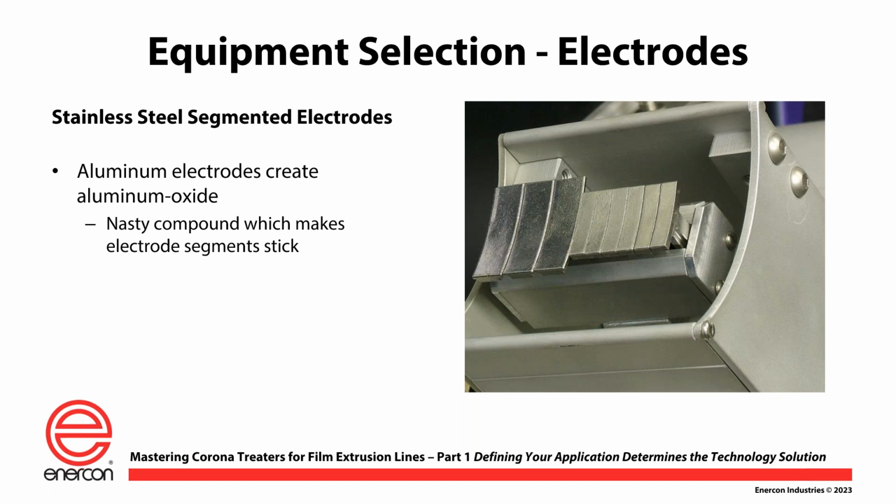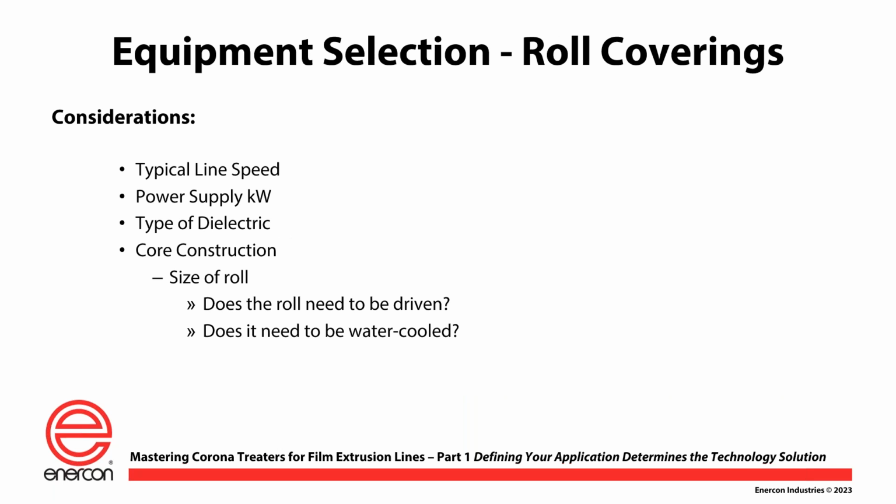Which means that at a lower power setting, I could get by with smaller segments. So as we said earlier, the speed drives a lot of these decisions up front, which then drive the design of the electrodes themselves, okay? So it's very important to give us an accurate line speed.